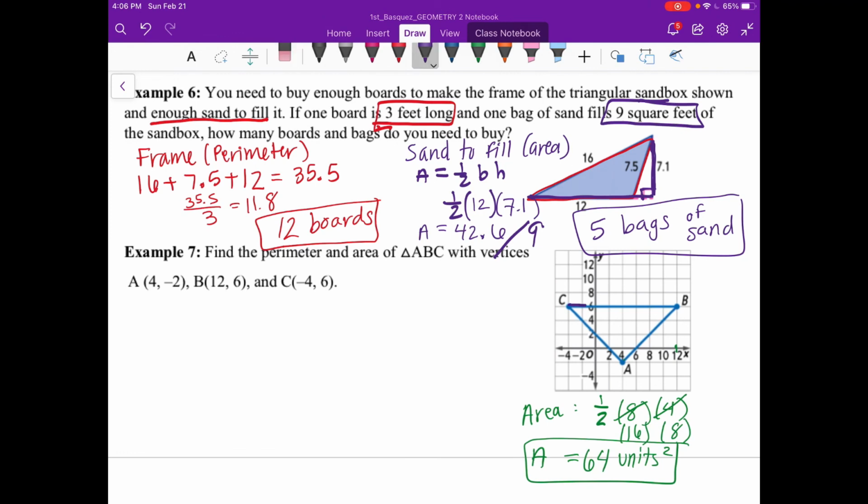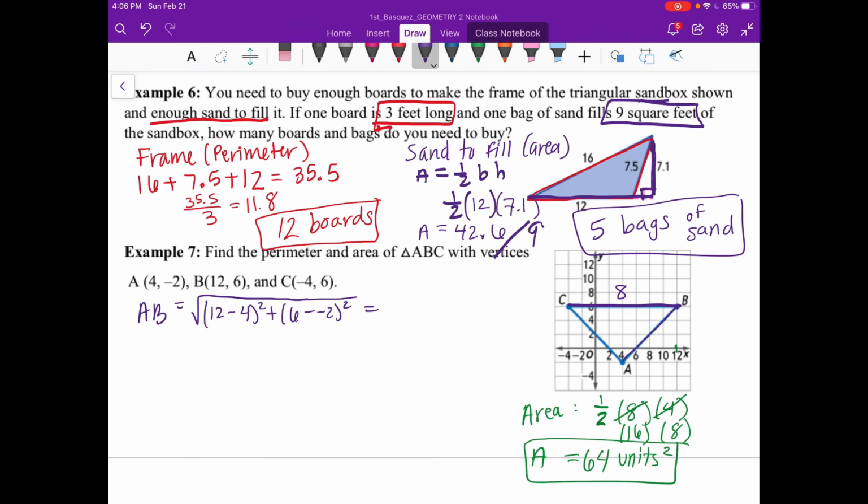Now I have to find the distance so that I can find the perimeter. So this is still 8, that doesn't change, but I do need to figure out what AB is going to be. And so I need to do my distance formula for AB. Remember that you take the x's, subtract them, square them, and then add the difference of the y's, squared. So -2 squared.